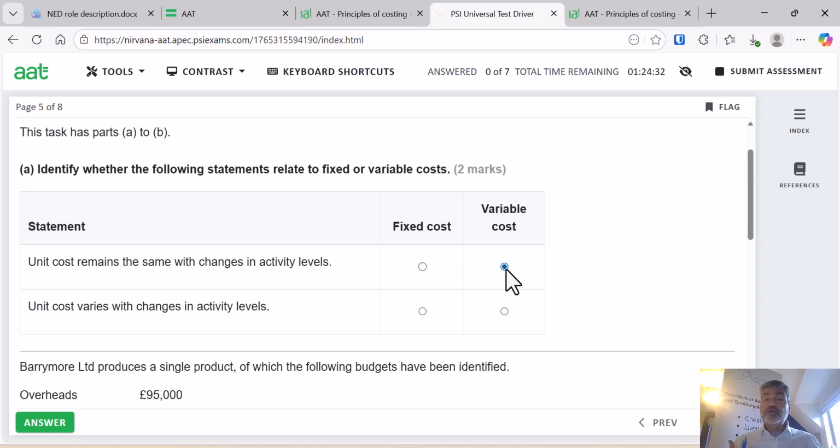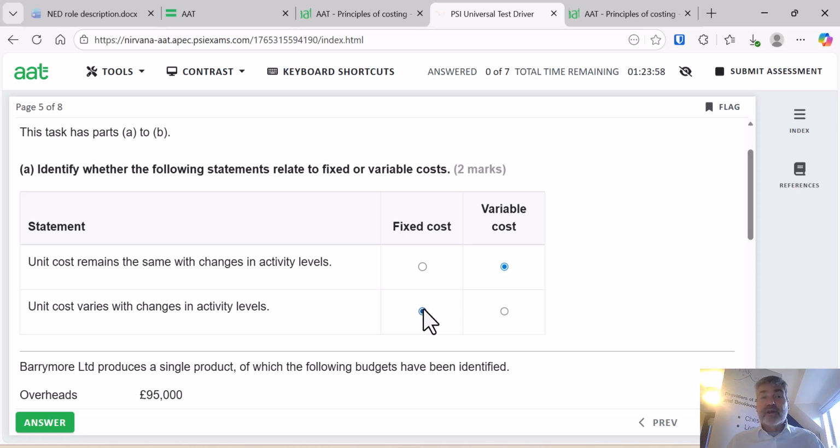If we were to double our activity, so we're now producing 20 units, not 10, we would be dividing that same £1,000 by 20 units, which means that the unit cost would reduce to £50. So the unit cost is varying because of the changing activity level, but in total that fixed cost remains the same. So the second one is the definition of a fixed cost.